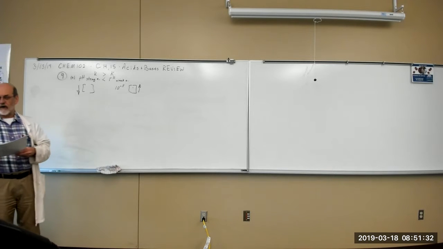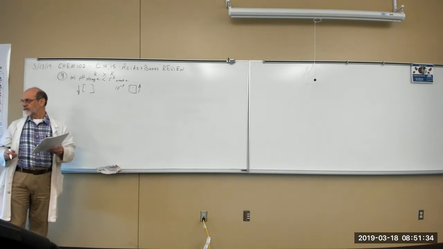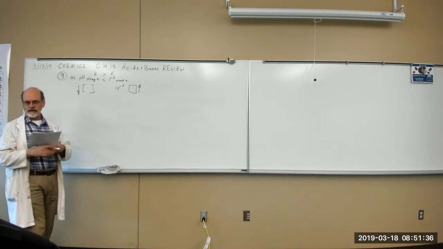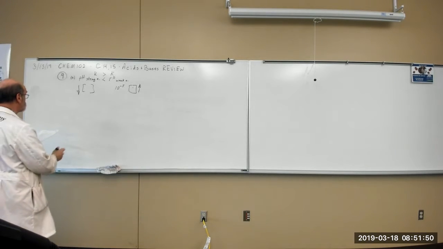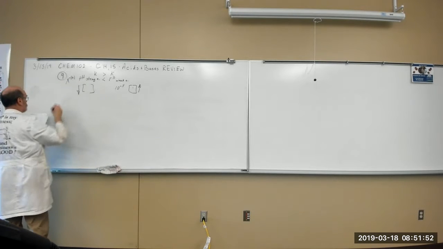So that question is false no matter which way you put it. Does that make sense? It depends on the Ka and the concentration when you're talking about pH. So that was false.